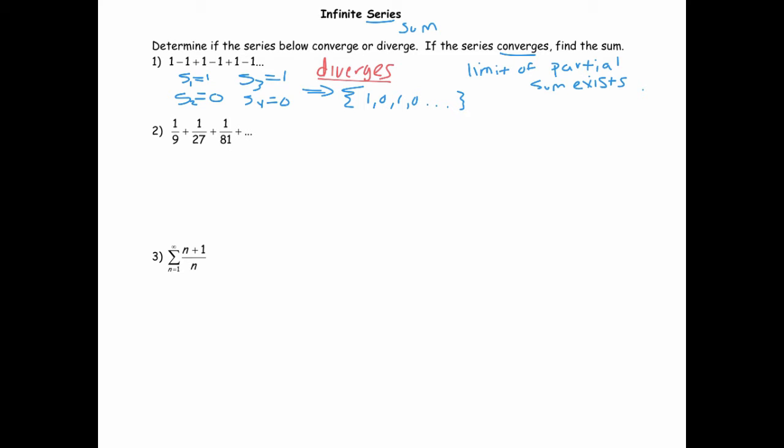So you could think of this as, you could factor out a 1/9. If you factor out a 1/9, it's 1/9 times 1 plus a third plus a ninth, etc.